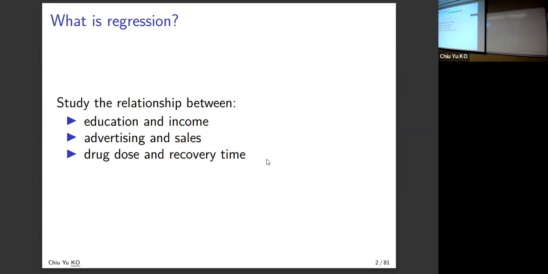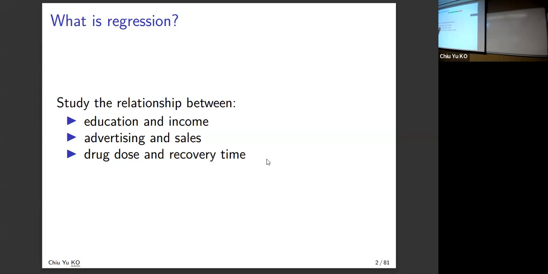Regression is trying to discover relationships between variables. You learned that from topic 1, where we calculate covariance and correlation, right? And probably every one of you would think that's important. After your undergrad, you want to do the master, right?